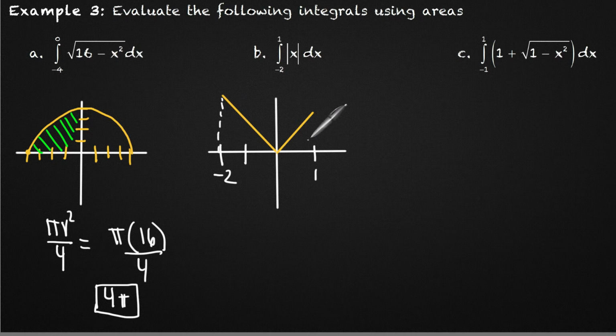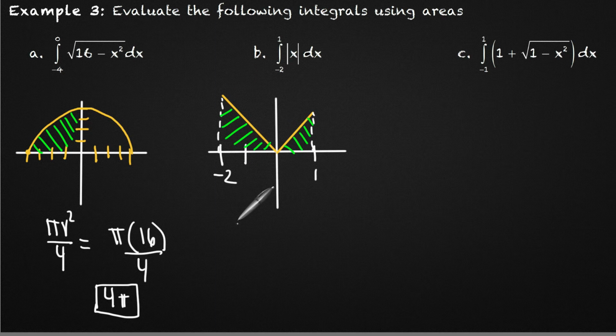So draw some lines up there to give us our area. So basically, the area that we're looking for is this area here and that area there. Okay, so now we just have to find the area of 2 triangles. They're both above the x-axis, so therefore it's going to be positive. So we have a base, which is 2, times the height, which is 2.